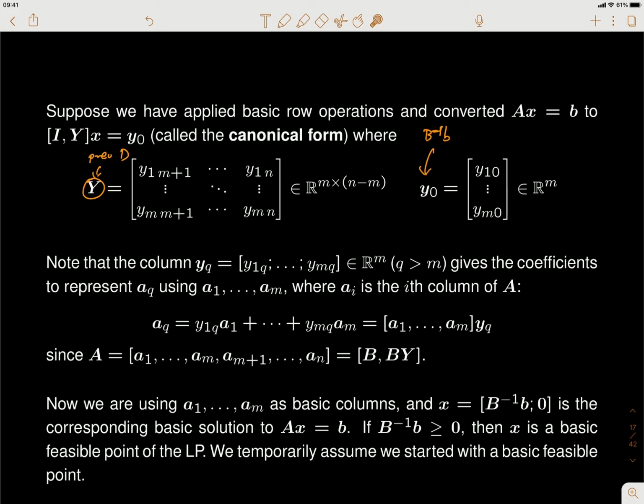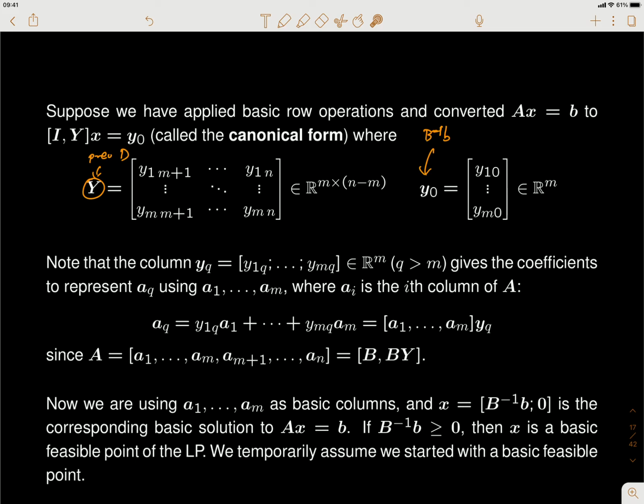Now let's say we use a1 through am as the basic columns. Recall the basic columns are the columns we use to represent the vector b. And the x here is defined as B inverse b and 0. So this will be the coefficients we use to represent the vector b, and we know that this will give us a basic solution to Ax equals b.